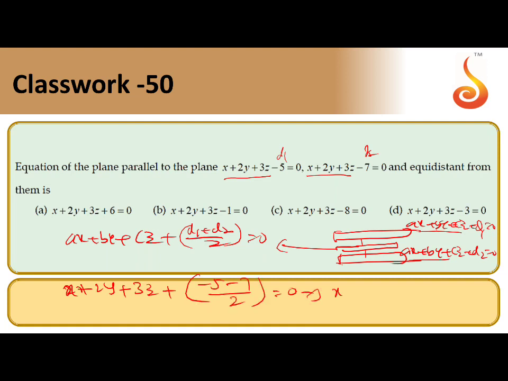So x plus 2y plus 3z remains the same, and minus 5 minus 7 is minus 12 by 2, which means minus 6, equal to 0. Look at the options: every option has x plus 2y plus 3z. So the constant term is the sum of the constant terms by 2. The option seems given wrong, but minus 6 is the right answer here. X plus 2y plus 3z minus 6 equal to 0 is the right answer.